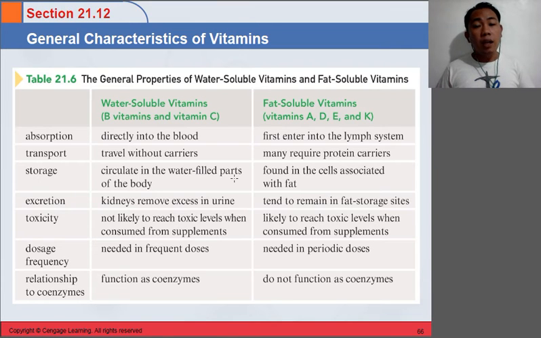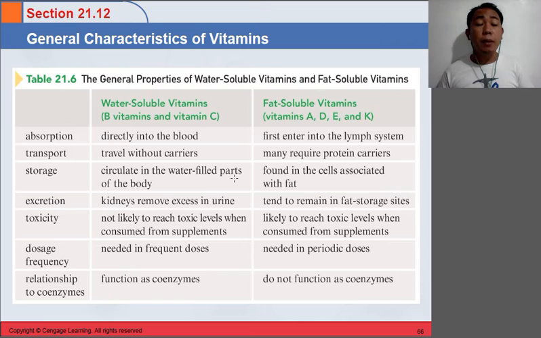Water soluble vitamins include the vitamin B complex and vitamin C, and the fat soluble vitamins are A, D, E, and K. For absorption, water soluble vitamins go directly into the blood, while fat soluble vitamins will first enter the lymph system.